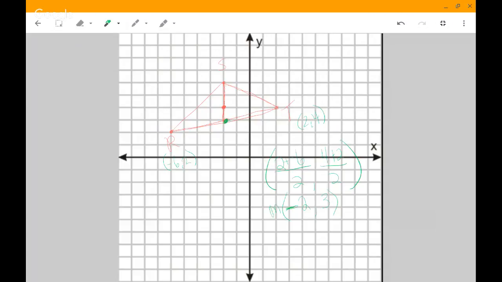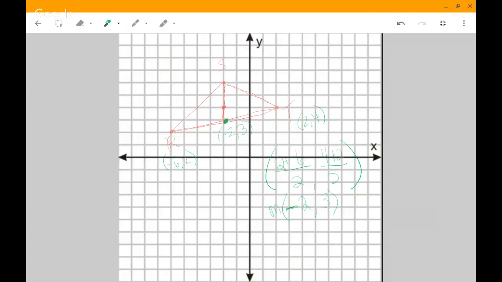That is the midpoint, and that is where we're thinking it's going to hit. So you're good. Awesome. When you're drawing a median, it's got to hit the midpoint so that you can go 2/3 of the way down the median to find your centroid.